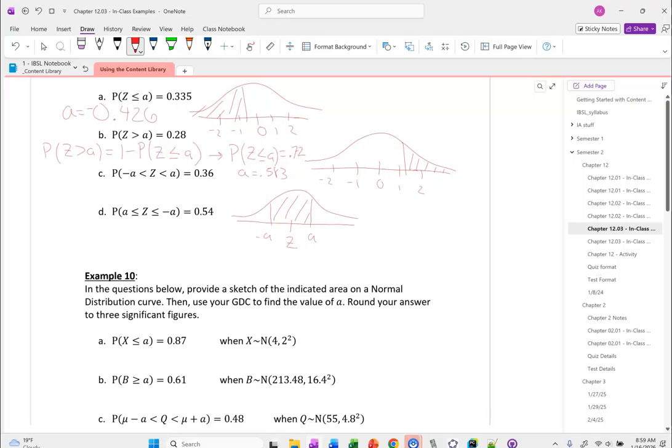Oh, I was looking at C. Yeah, we did C. That we wanted the positive. Okay, D we want the negative, because of the inequality situation. Those are the values for A, for the respective problems. Does that feel okay?